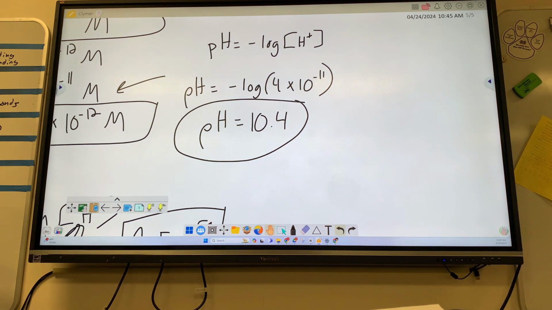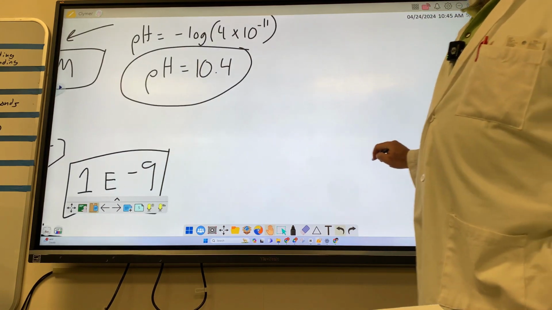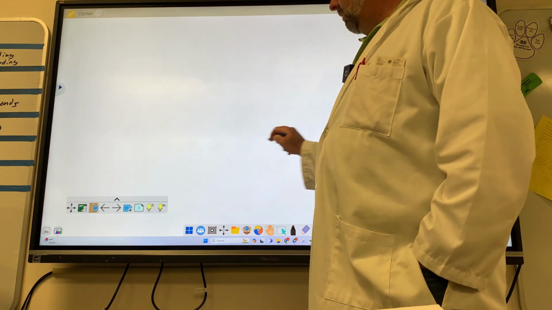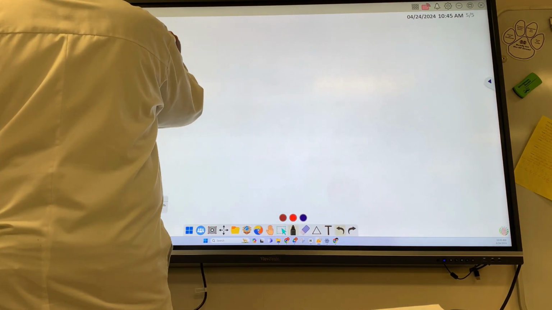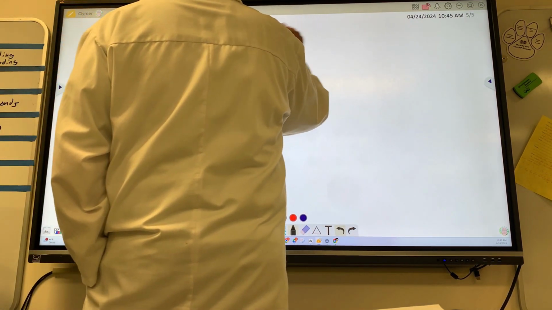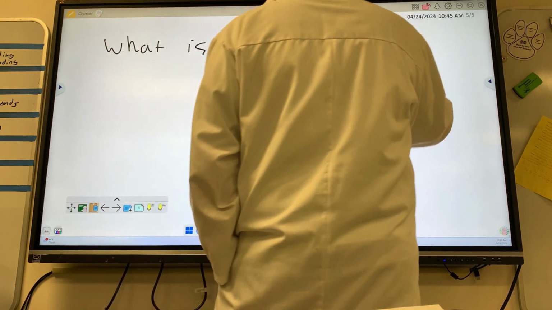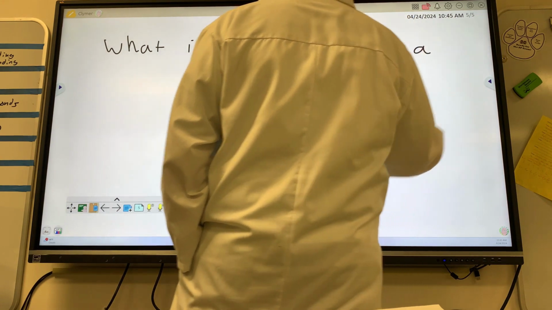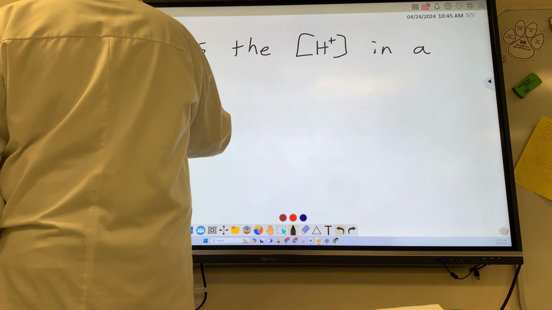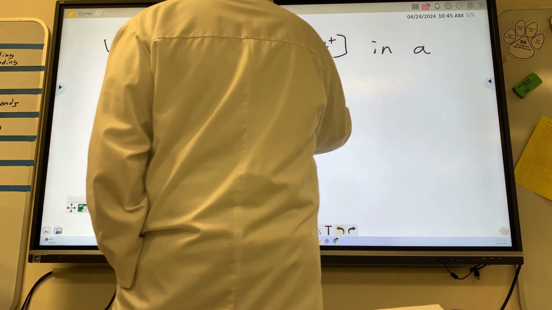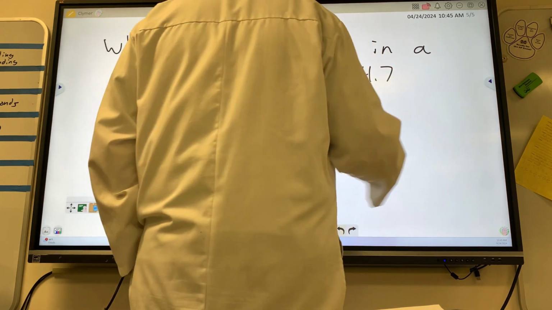So, anyway, one last thing about this is what happens if we want to go the other way? What is the molarity in an acid with a pH of, I don't know, pick a number, 4.7?